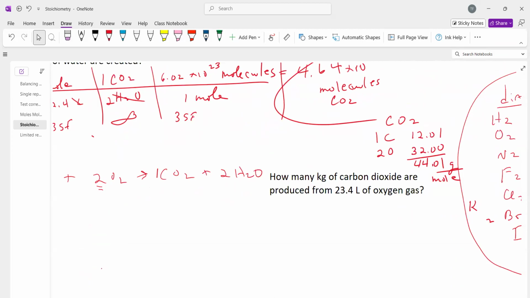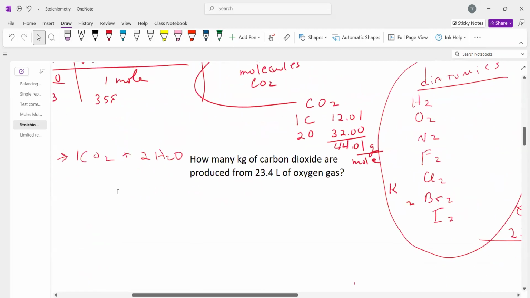Now, one thing you need to understand, and I've mentioned this before, I'm going to say it again. Certain things are always together. And there are 7 of them.